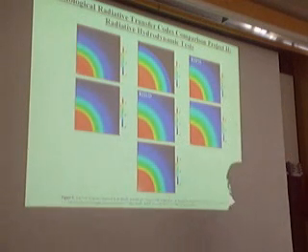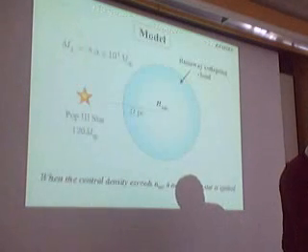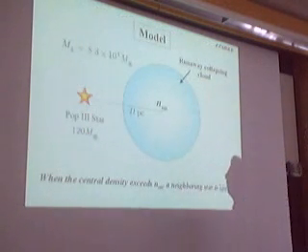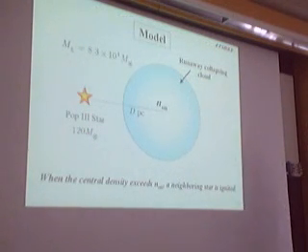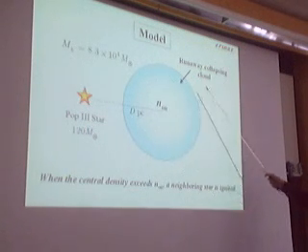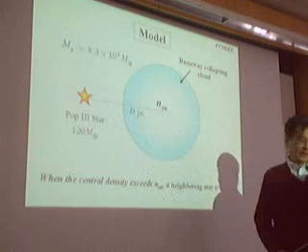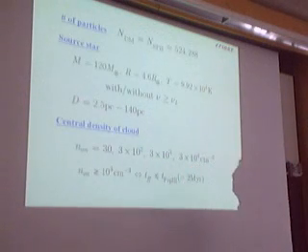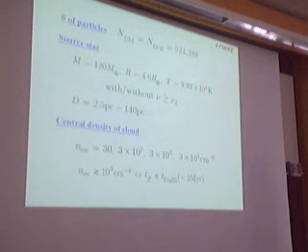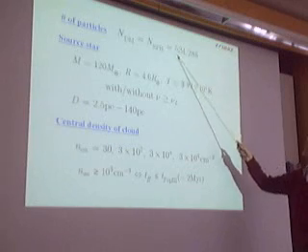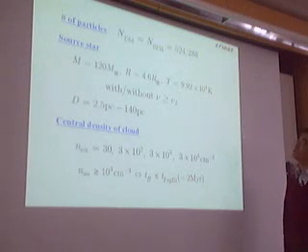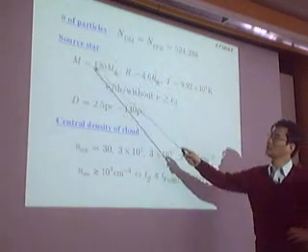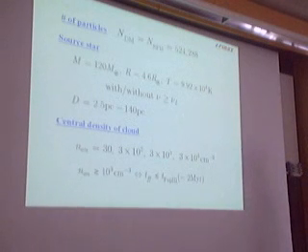We have used this scheme, and we have set a very simple model. There is a collapsing cloud and also a massive star. In this calculation, we have assumed the number of particles is 500,000, and the source star is 120 solar mass.